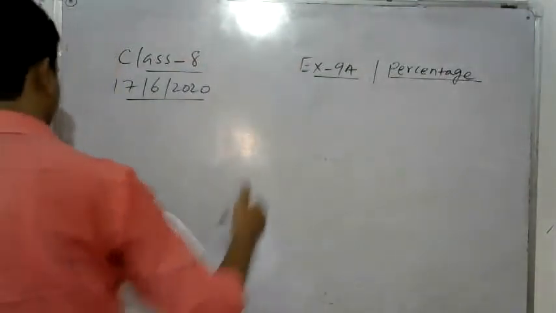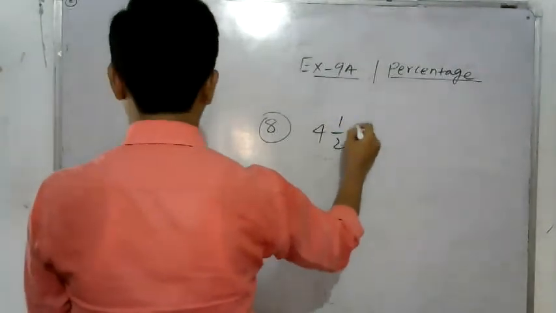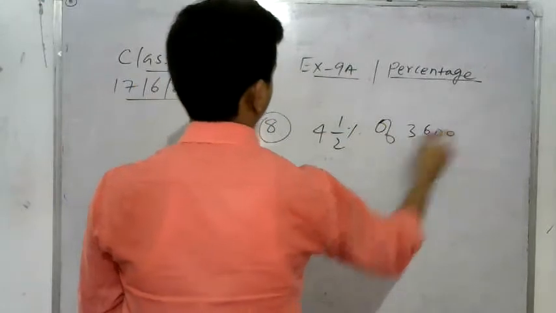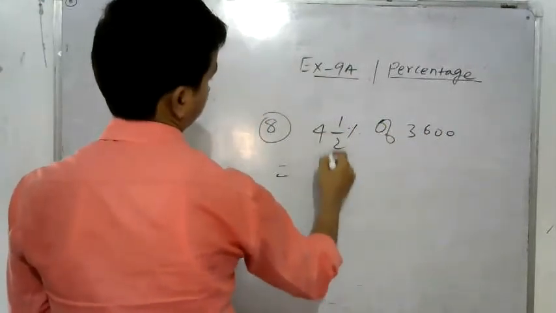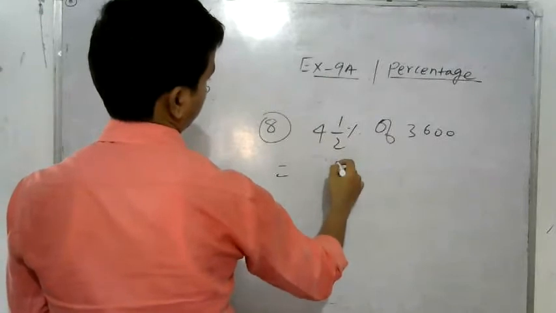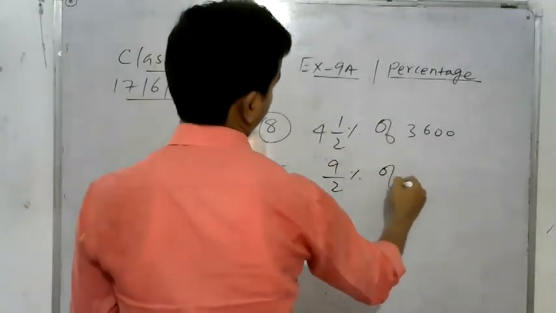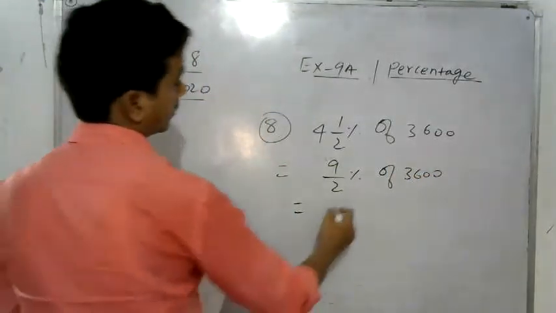Now see question number 8. 4 whole 1 by 2% of 3600. So this is 2 4s are 8, 8 plus 1, 9 by 2% of 3600. How do you convert percent into a fraction?